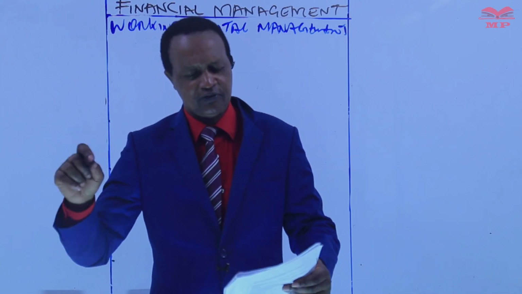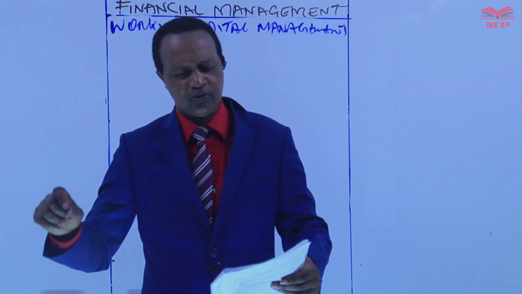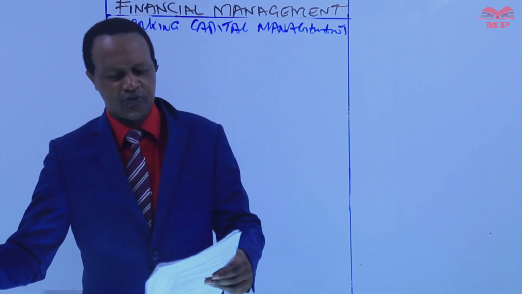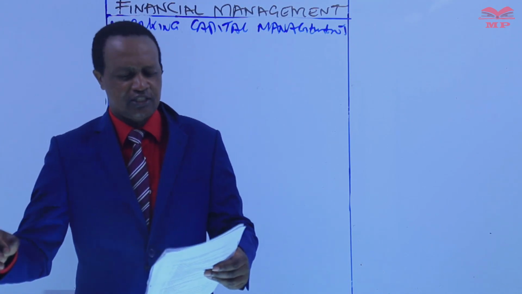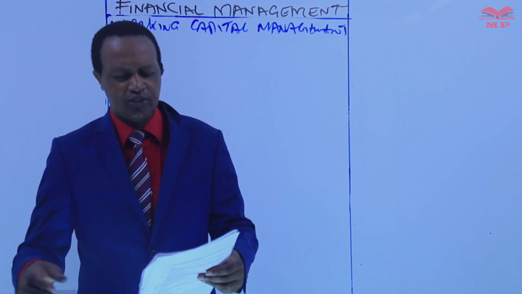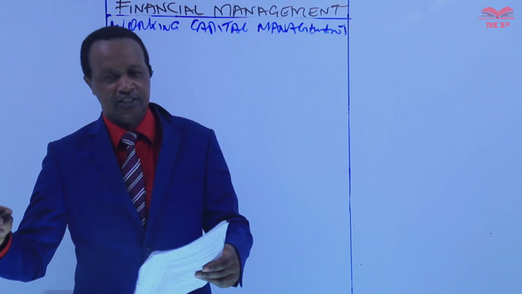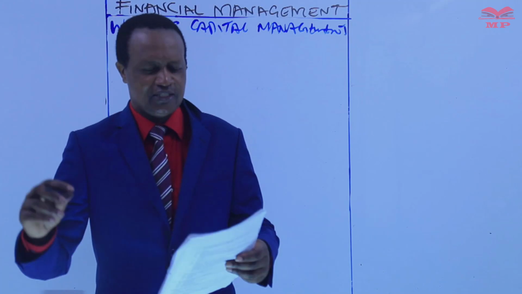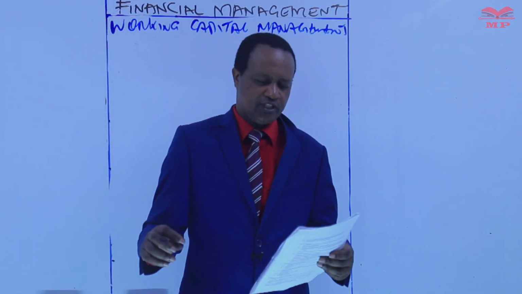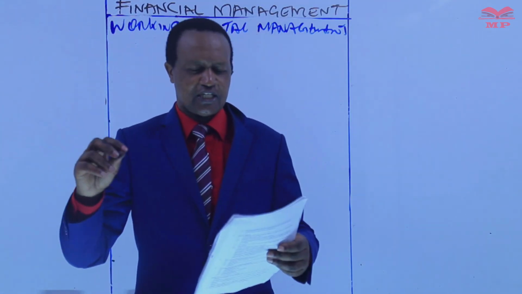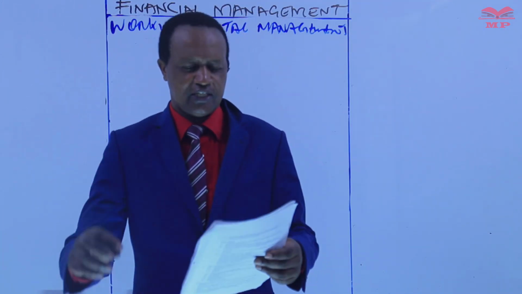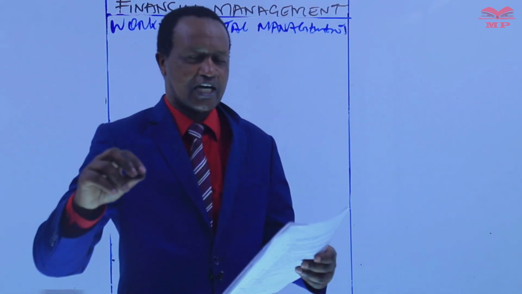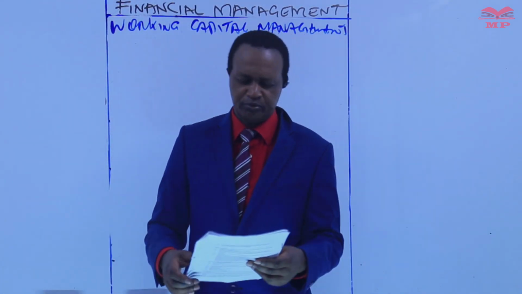Number 3, factors influencing working capital requirements of a firm. 4, types of working capital. 5, importance and objectives of working capital management. 6, working capital operating cycle. 7, working capital financing policies. 8, determining the finance mix. 9, management of inventory. 10, cash management. 11, management of cash receivables and accounts payables. These are 11 subtopics.